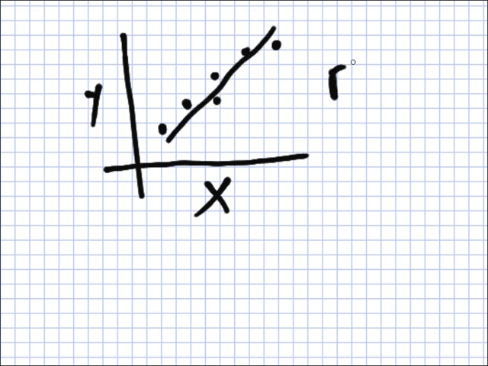Maybe you have something like R squared equal to, say, 0.8. So it's pretty good. Can we say that x causes y? What can we say about the relationship between x and y here? Would it be right to say x is the cause of y? You're thinking that x has some effect on y, or a lot of effect on y.